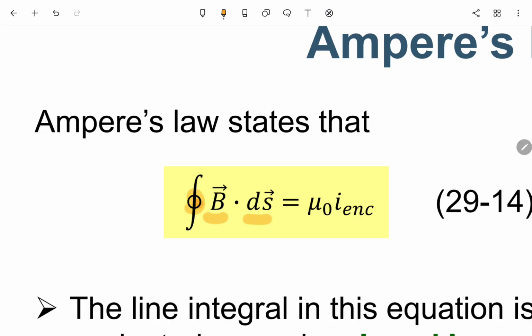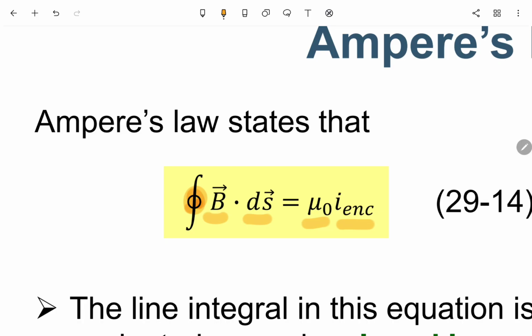We have learned the line integral for the electric potential, so we already faced this one. This is a closed line integral, or a line integral over a closed loop. On the right side you have mu 0 I enclosed.